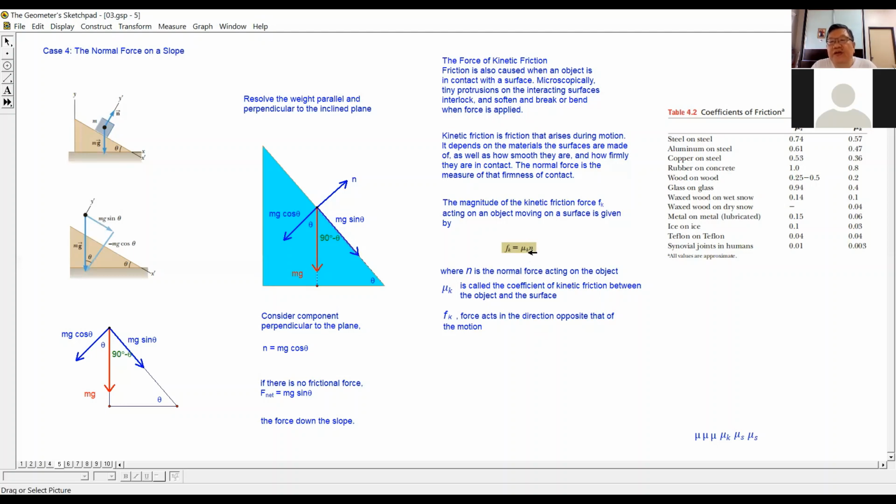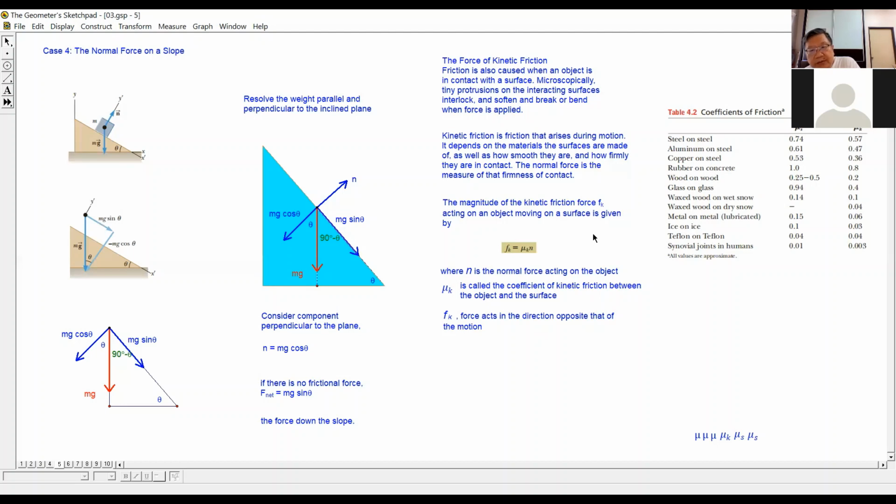Now this coefficient of friction depends on the surface. When the surface is very rough, the coefficient of friction is very big. When the two surfaces are smooth, the coefficient of friction is small.